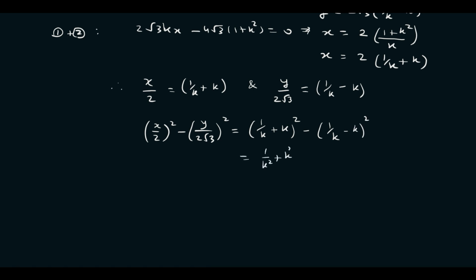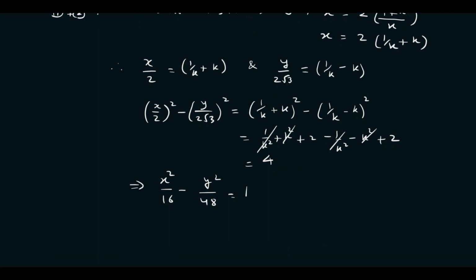Now the first one becomes 1 by k square plus k square plus 2. Second one is 1 by k square plus k square minus 2. So when you subtract, 2 plus 2 becomes 4. Other terms get cancelled out. So you get finally x square by 16 minus y square by 48 is equal to 1.